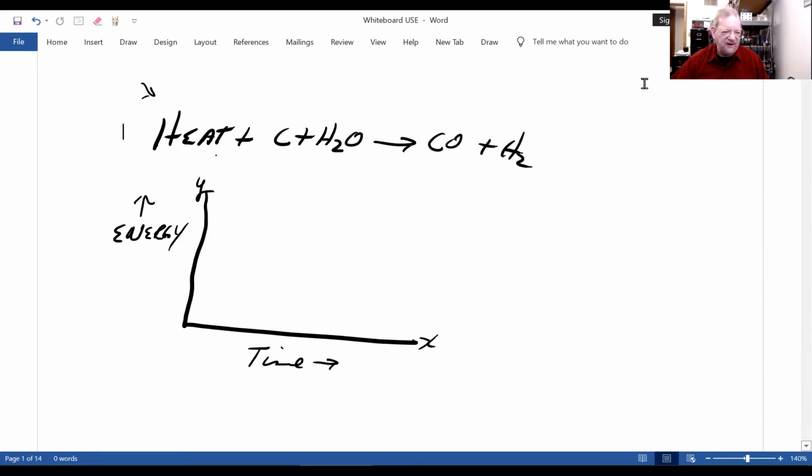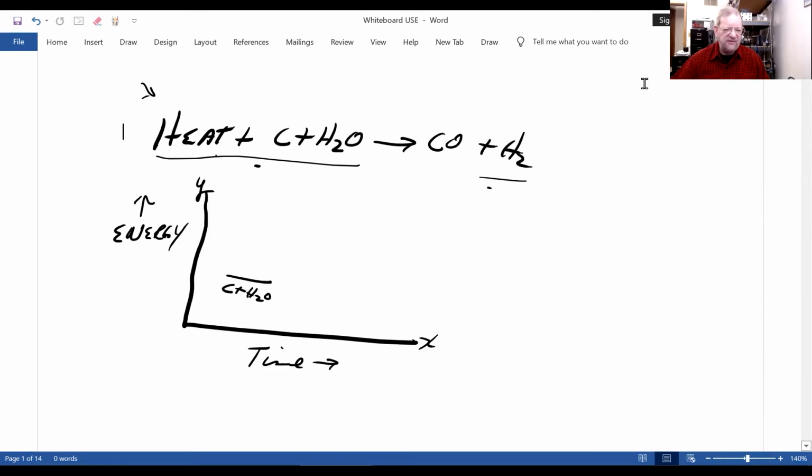Now, if we look here, remember the total energy on both sides is the same, because in our universe, our world, you never create or destroy energy. Therefore, the total energy on this side is equal to the total energy on this side. Arbitrarily, I will do this: carbon plus water.